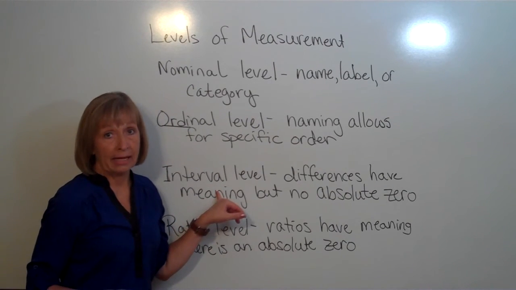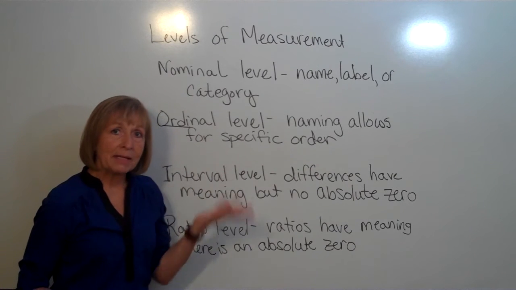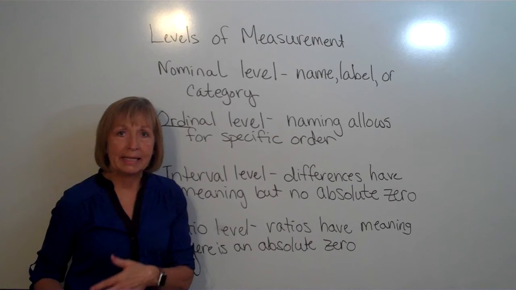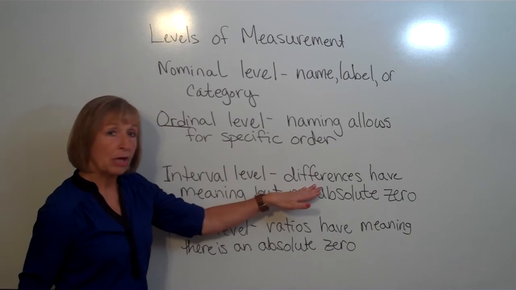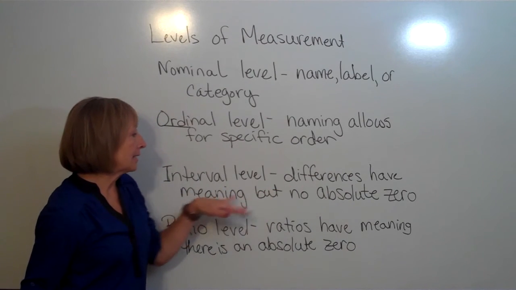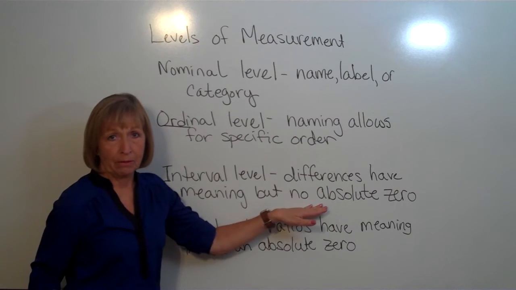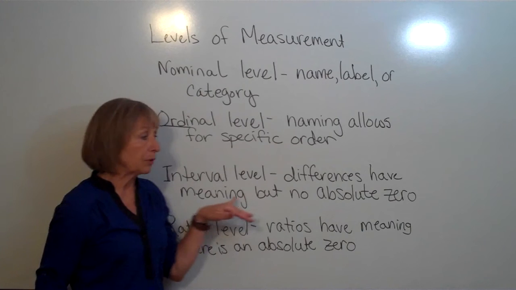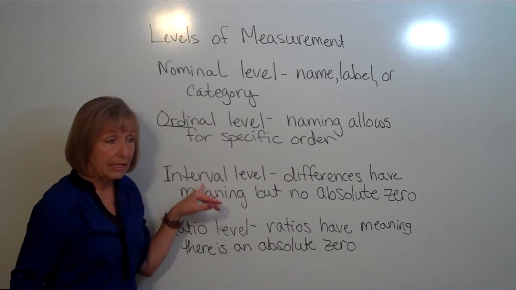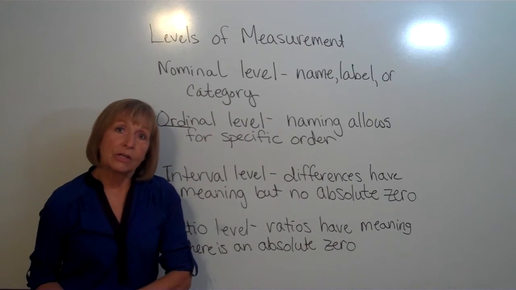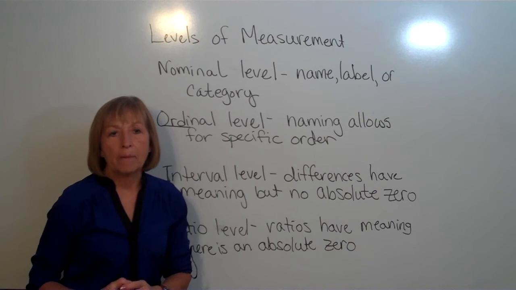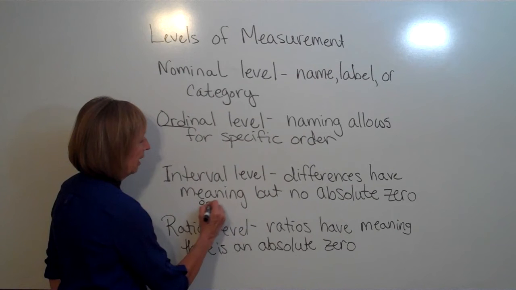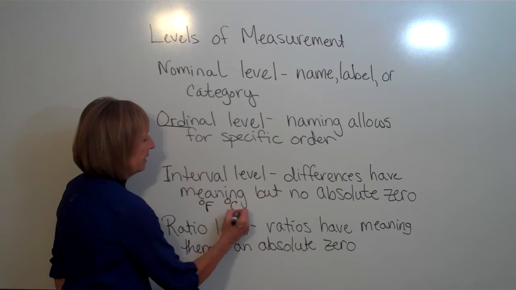Now, interval level, it has the same aspects of the ordinal level, except that the differences do make sense when you're subtracting them. But it doesn't have an absolute zero, so that the ratios don't make sense, but the differences make sense when you're doing an interval level. So with these, you're talking about things such as temperature in degrees Fahrenheit or degrees Celsius.